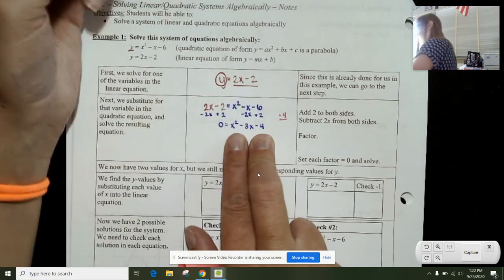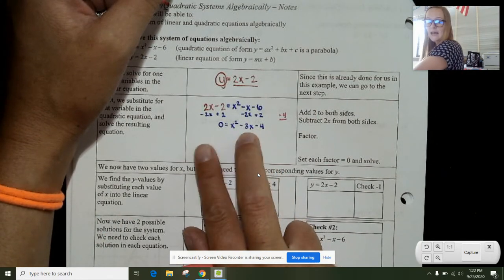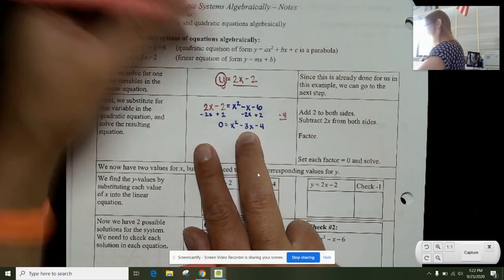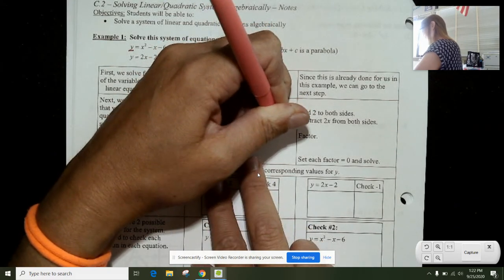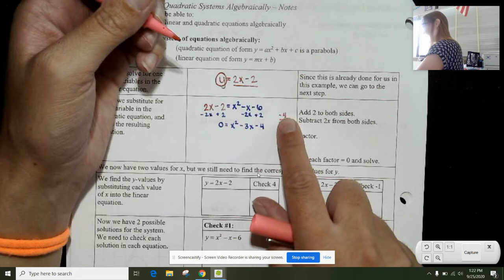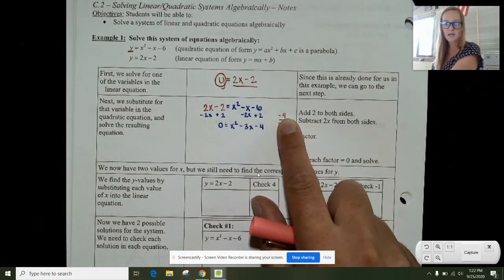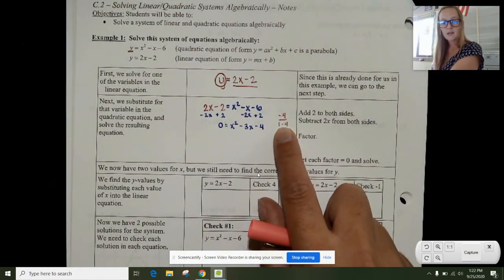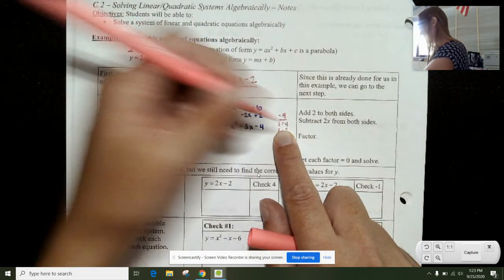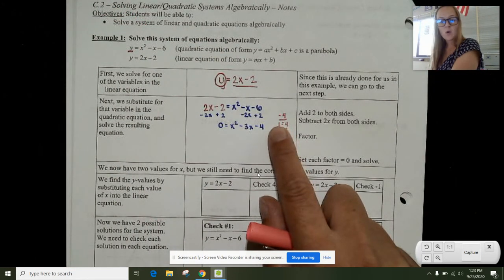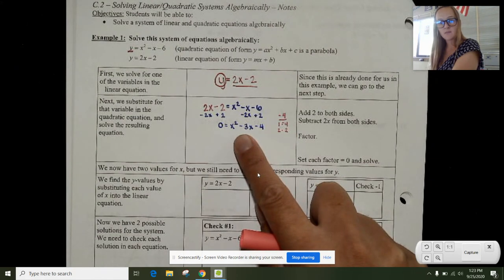And I want to think of what multiplies to negative 4 and adds to negative 3. So I have 1 times 4 would give me 4, and 2 times 2. I need a positive and a negative to multiply to a negative number. And I'm going to use 1 and 4. I choose 4 to be negative because 1 minus 4 gives me negative 3. And I want to add to that middle value.